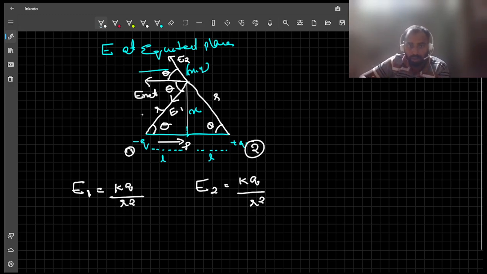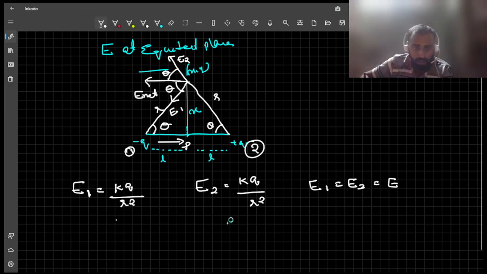These two sides are equal, so I can write E1 is equal to E2 equal to E. For the time being, I am keeping E1 equal to E. Then how to find the E net? Either you can use the vector product or vector resultant, or an easier way is to resolve these components.